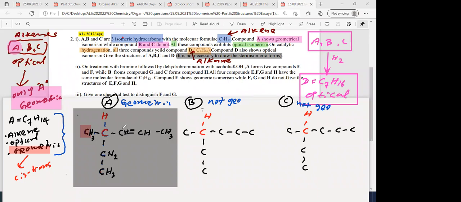Now cis trans means, this is how you get it. There's a double bond here. Around this double bond, this side you should have 2 different groups. Look at this double bond. I'll expand this. Hydrogen this side, CH3 that side, and here you have a carbon.